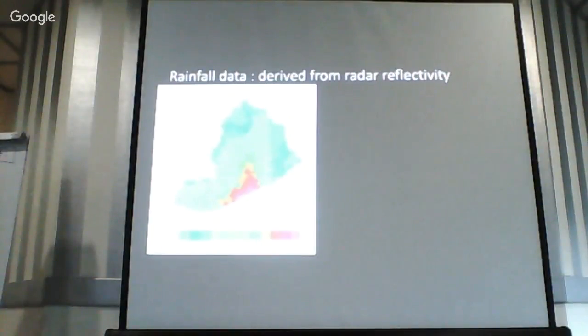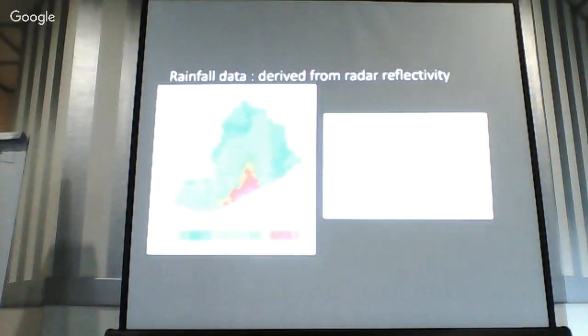And we did some validation. You can see this radar reflectivity derived rainfall and this rainfall data at USGS gauge stations, they agree very well. This gives us some confidence that we can use this radar derived rainfall data to drive the World Hydro model.